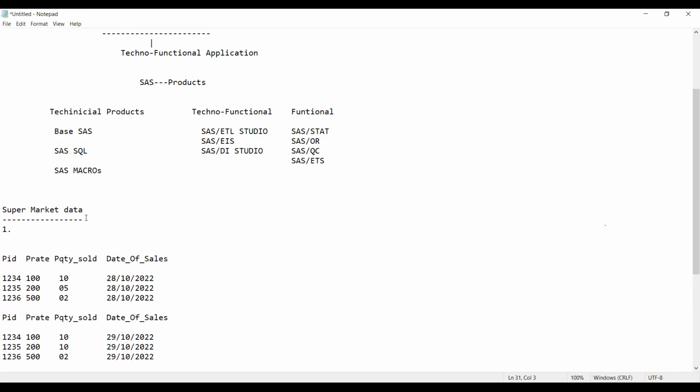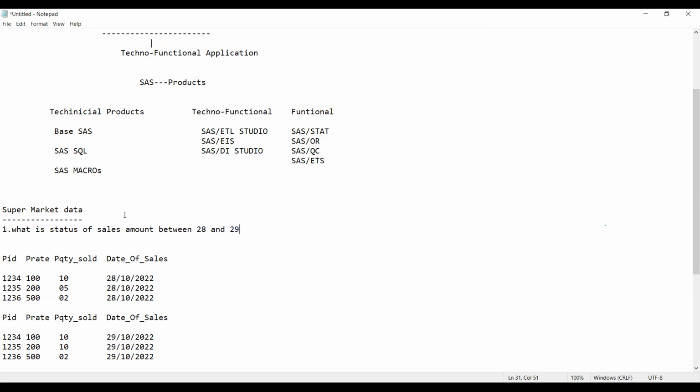The first query: what is the difference in sales, or what is the status of the sales amount, between 28th of October and 29th of October.